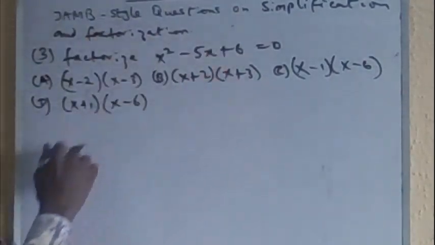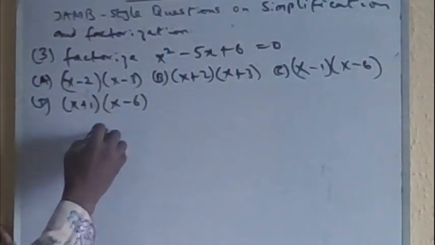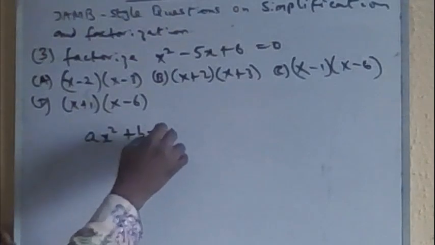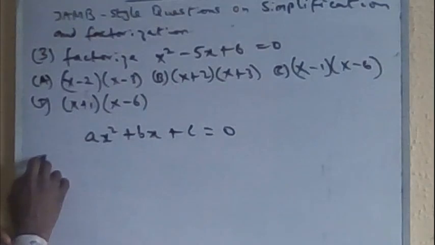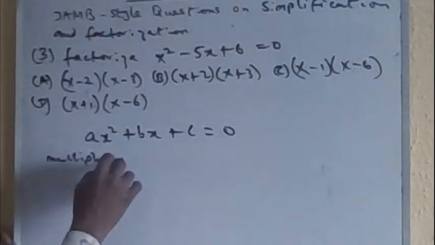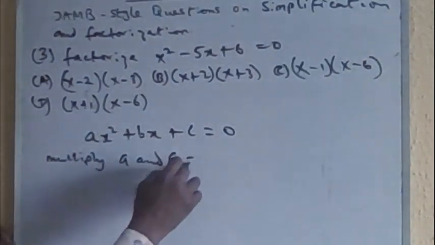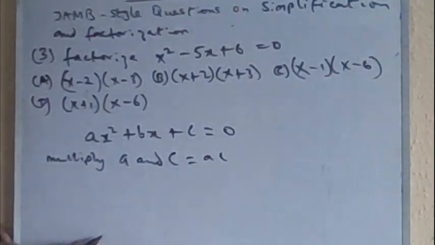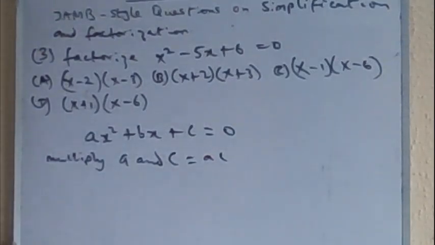This is written in the form ax squared plus bx plus c is equal to 0, right? So the first thing we'll do is to multiply a and c to give ac. So we look for two factors such that when they multiply, they will give us ac, and when they add, they will give us b.